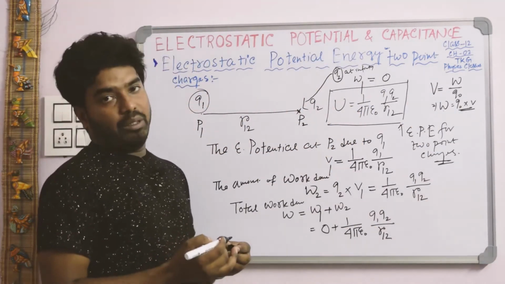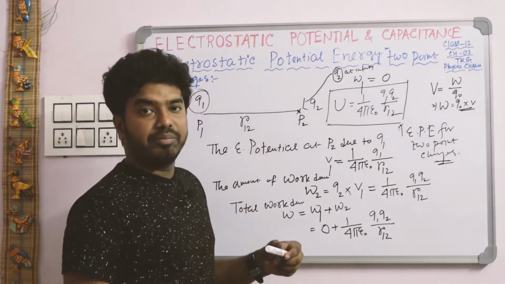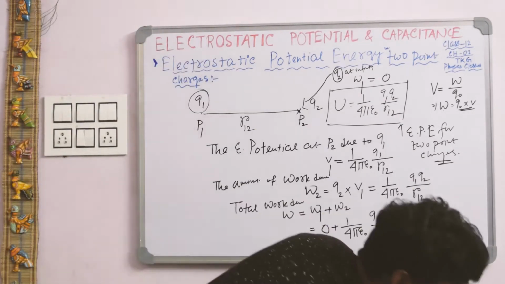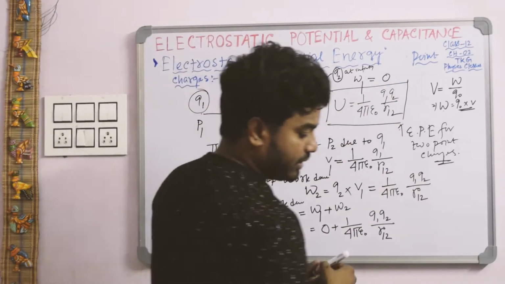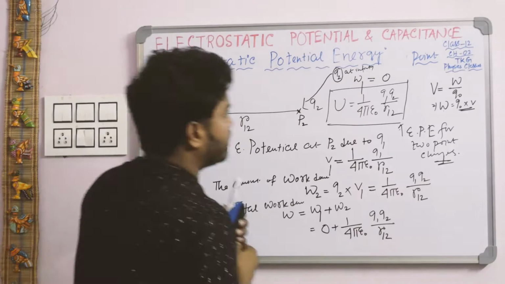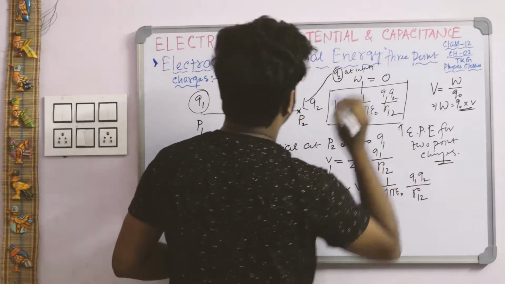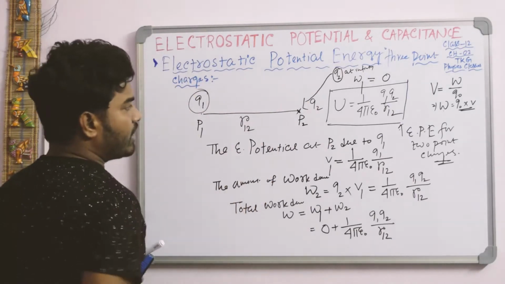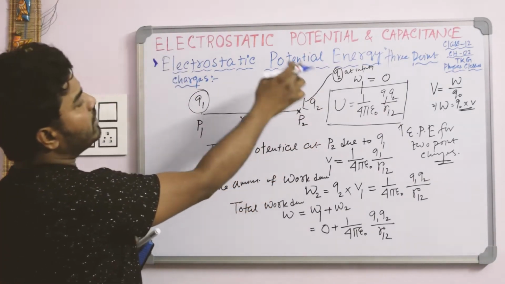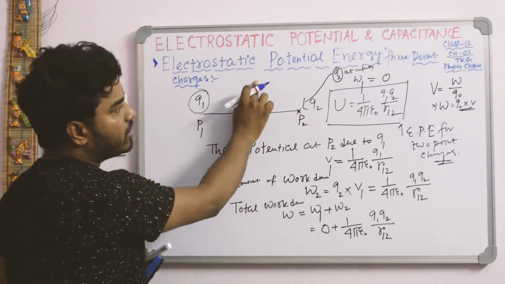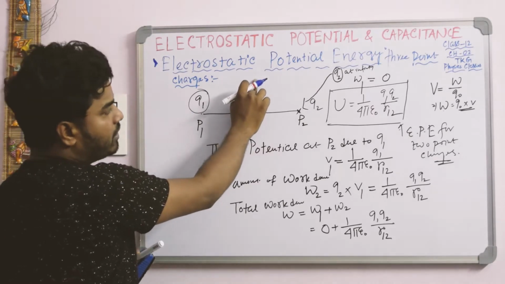Now we have to calculate the electrostatic potential energy for a 3 point charge system. So write it down. For 3 point charges, there is charge Q1, there is charge Q2, and there will be another charge we have to bring in from infinity to a point.